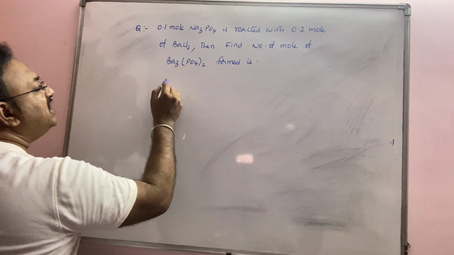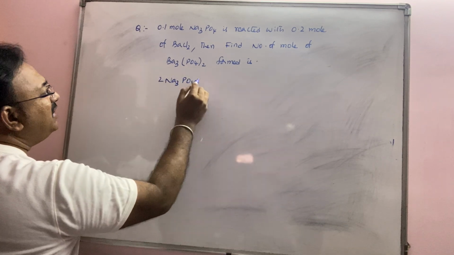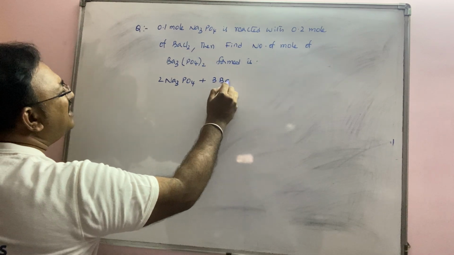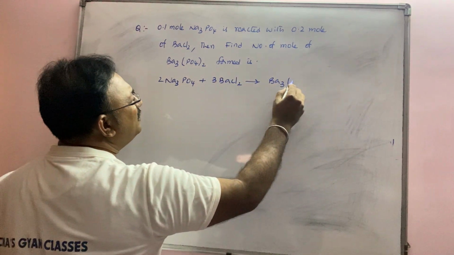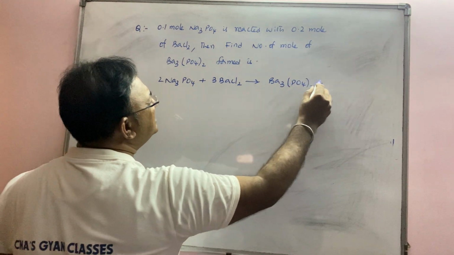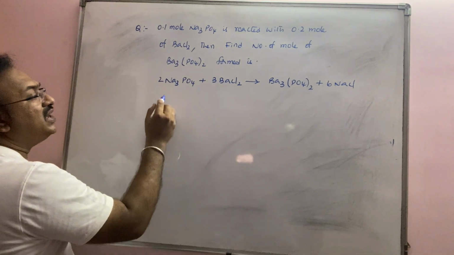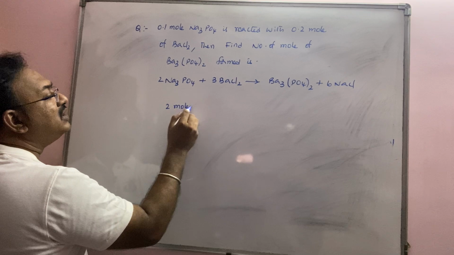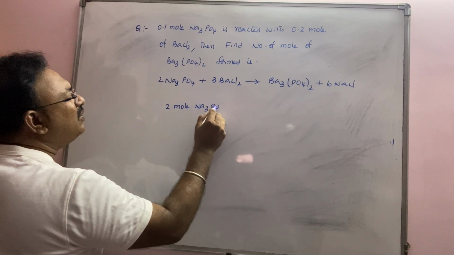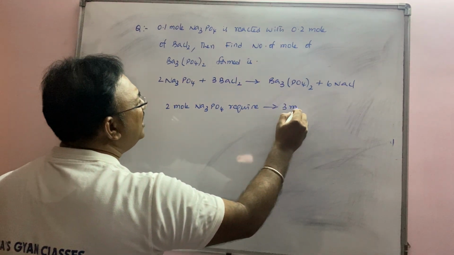Okay, let us go through the equation first. 2 moles of Na3PO4 plus 3 moles of barium chloride gives rise to Ba3(PO4)2, barium phosphate, plus 6 moles of NaCl. So as per this equation, 2 moles of sodium phosphate require 3 moles of barium chloride.